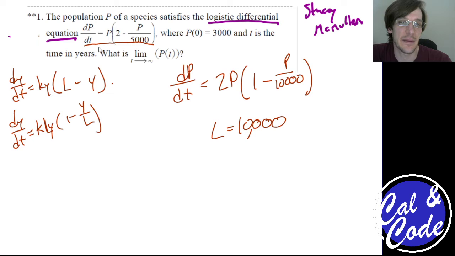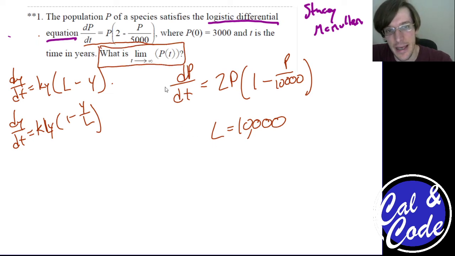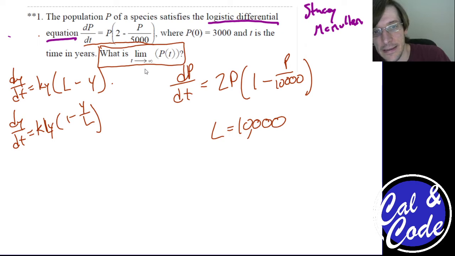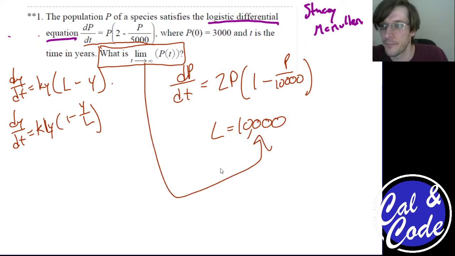So when they ask me this question, what is the limit as t approaches infinity of P(t)? I know that as time goes on, this particular system is going to reach its carrying capacity. So in that case, I know that that limit is equal to 10,000.